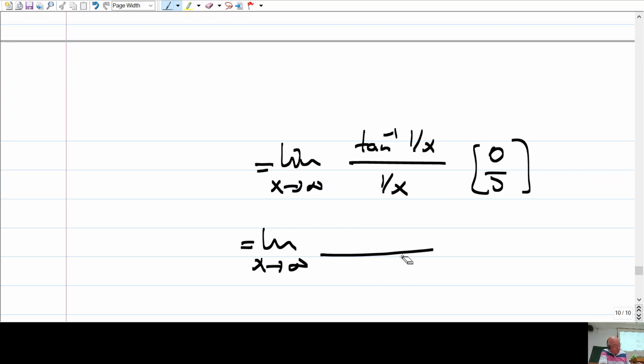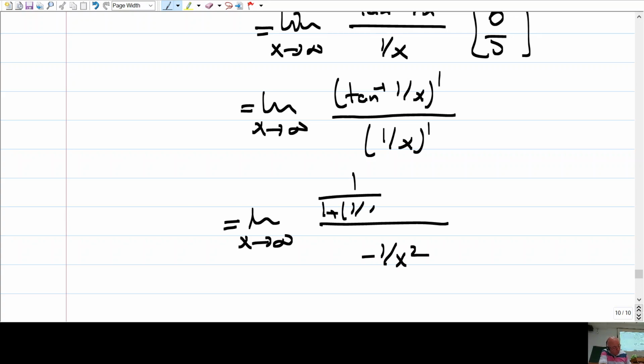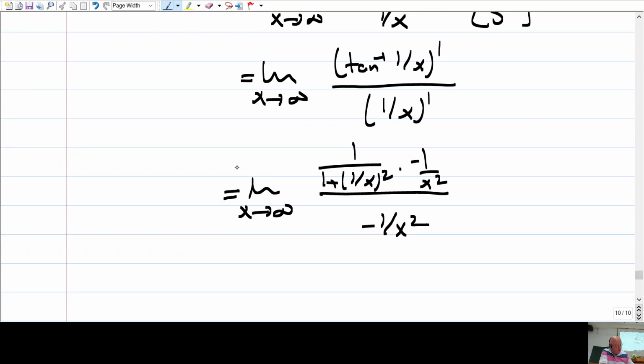Here we take the derivative of tangent inverse of 1 over x, and the derivative of 1 over x. This is just minus 1 over x squared, and this is 1 over 1 plus 1 over x squared times minus 1 over x squared. You see, this is cancelled with this one. So what is the remaining term?